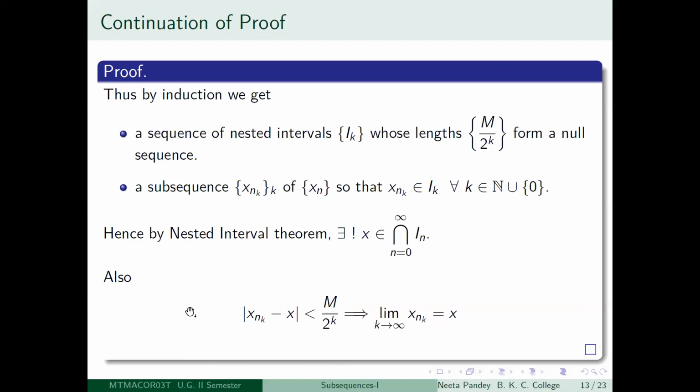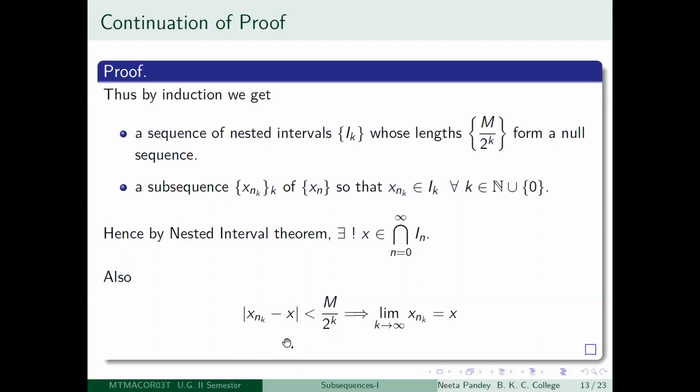We saw this, that if the sequence consisting of absolute values of a sequence is a null sequence, then the original sequence is also a null sequence. So you get the limit as k tends to infinity of x_{n_k} minus x equal to 0. But x is a constant, right? So what does this mean?